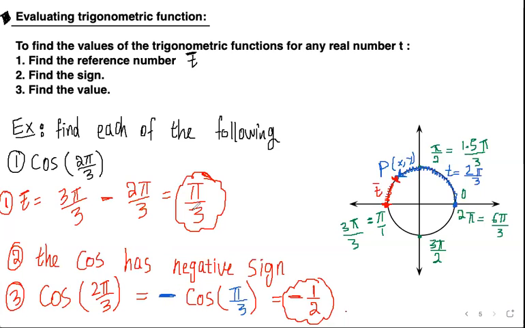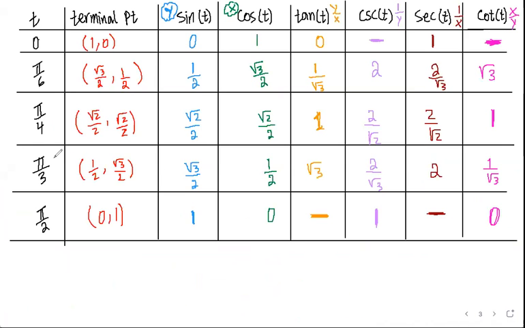The pi over 3 comes from the first step, t bar. The answer comes from the table before. Cosine of pi over 3 from this table. Here is pi over 3. The cosine is 1/2. I found it by using the terminal point from the previous section.